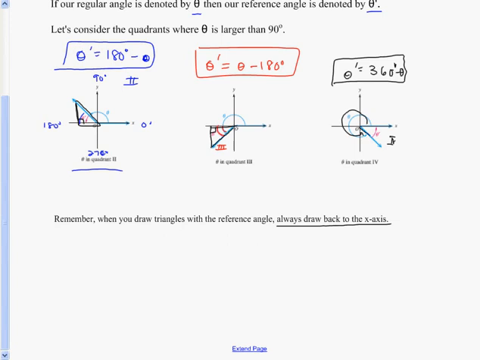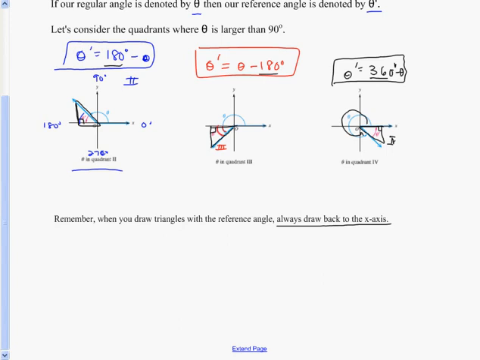So never, ever, ever reference back to your y-axis. We're always referencing back to the x-axis, and that is why the 180 and the 360 crop up when we are calculating theta prime.